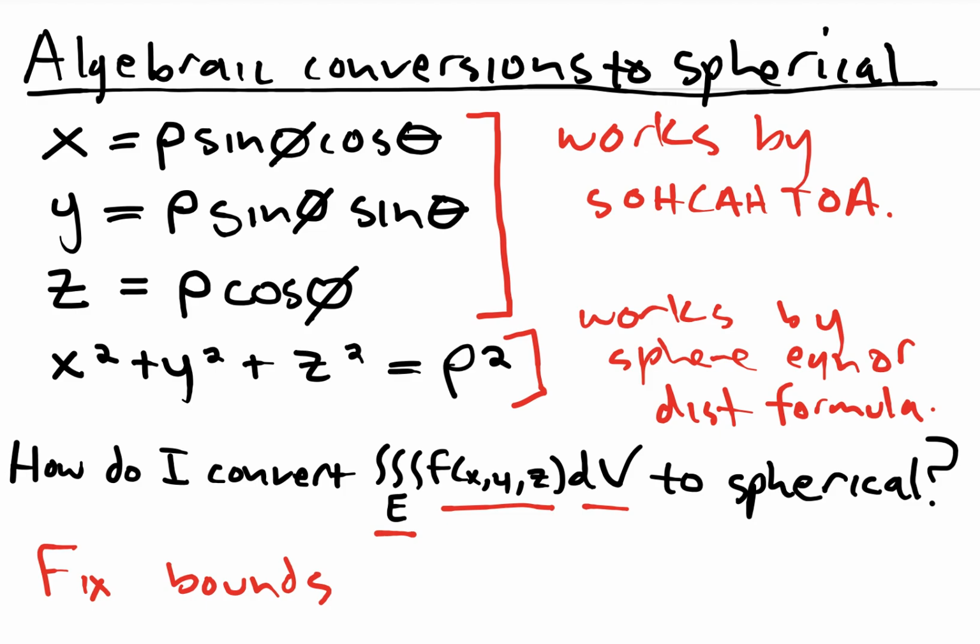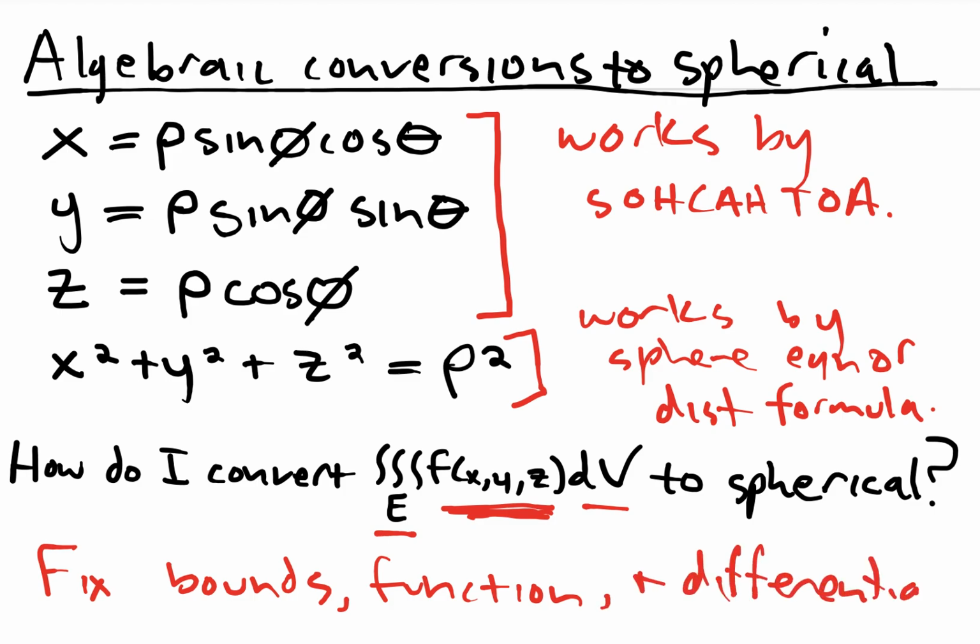I will hope that they are expressible in terms of constant bounds in spherical coordinates. I will need to fix my function. The reason that I gave you the x, y, and z above is so we can replace that in my integrand. And I have to fix my differential. So these are my 3 things that I will need to fix to rewrite my integral.